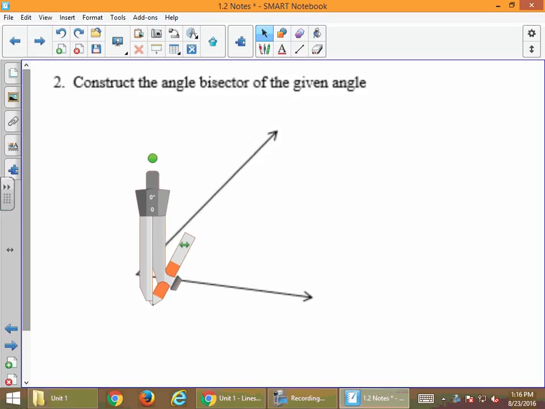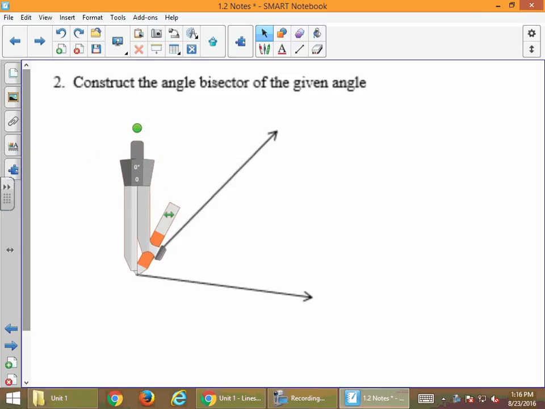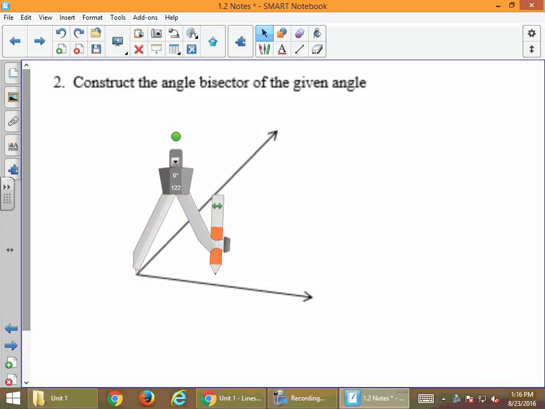Here's how easy this one is. Just like before when we did copy an angle, put your point on the vertice, where the 2 rays come together. Again, very similar to copying that angle. Open the compass. It doesn't really matter, but I'm going to say about 1/3 or halfway. That's good for me. Make an arc that connects both.